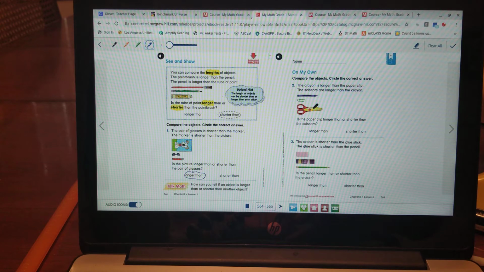The scissors are longer than the crayon. Okay, I see that. Is the paper clip longer or shorter than the scissors? Paper clip, scissors. The paper clip is shorter than. Let's circle it.